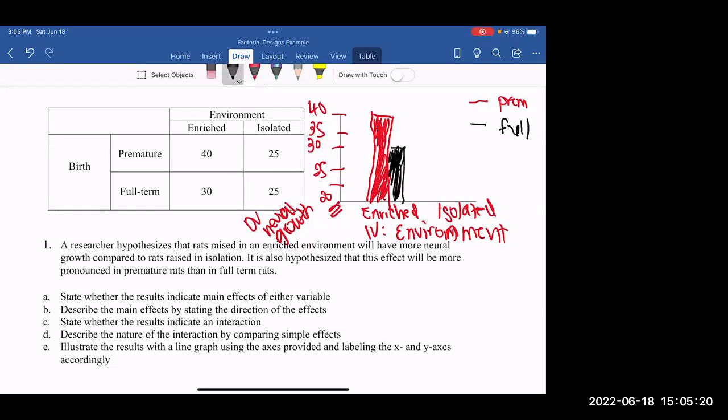All right. And then in the isolated group, we have premature at 25. Okay. And full term at 25 also.